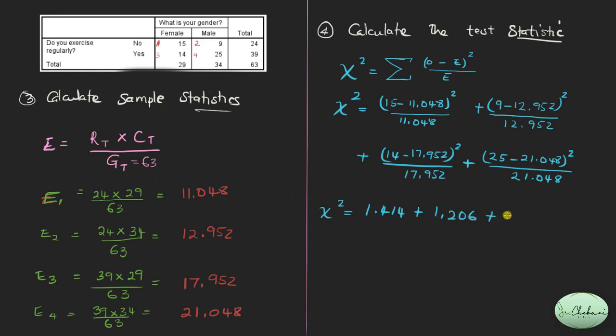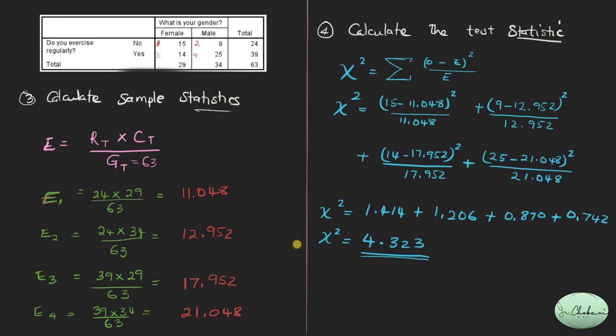Third one is 0.870 plus 0.742, right? So if we add those, we get a chi-square value, which is a test statistic, of 4.323. So that's our chi-square value. That's our test statistic. Okay.